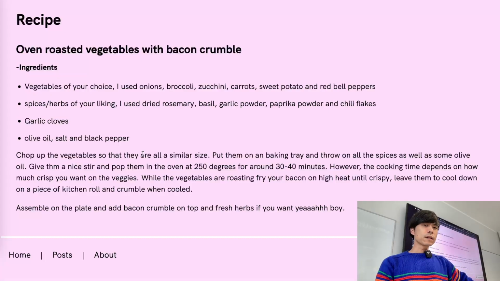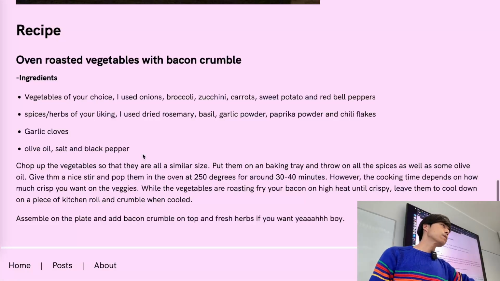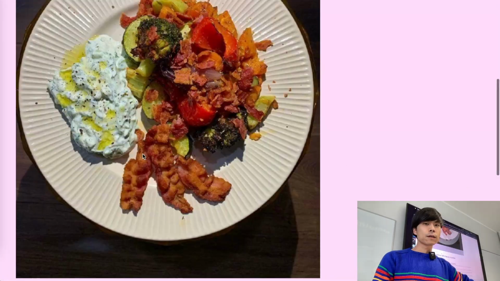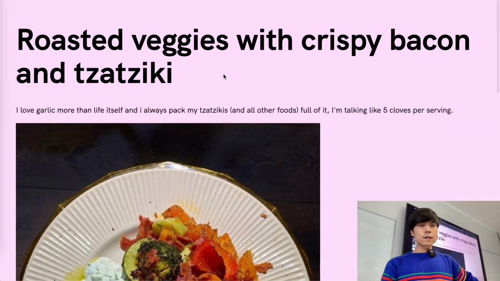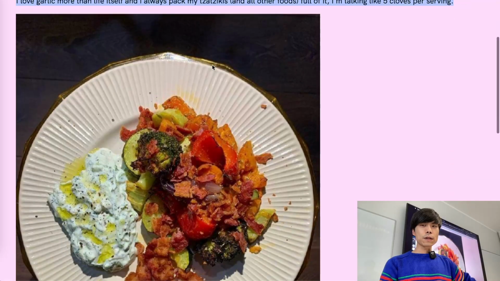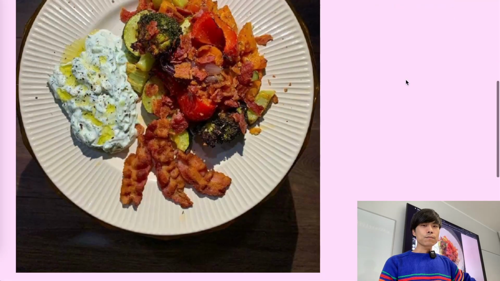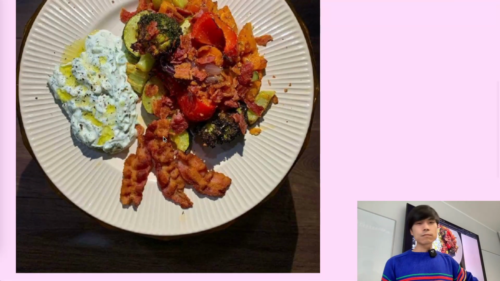I talked about the list you can make in your web page or post, and this is super useful if you're making a recipe website, for example. This is really simple, I would say bare minimum. You have the title of what this food is, a description of what it is, and a photo.